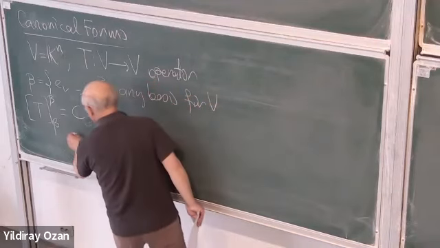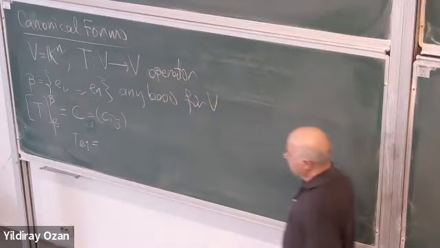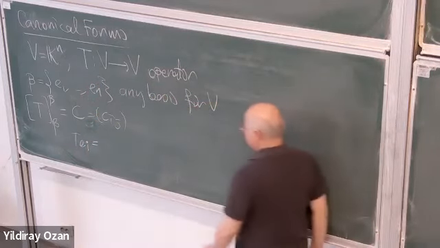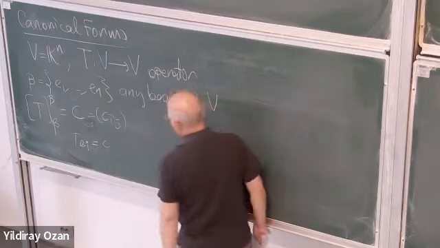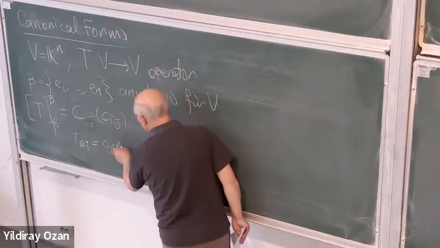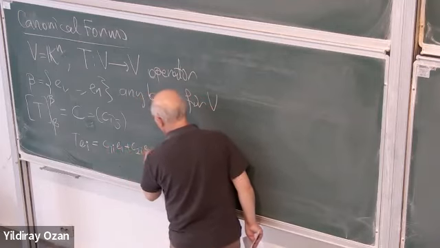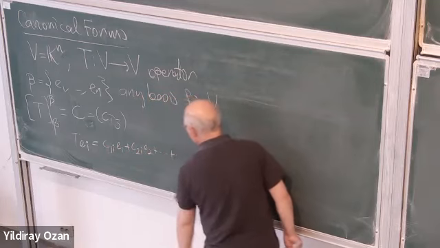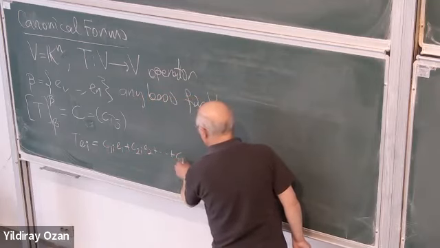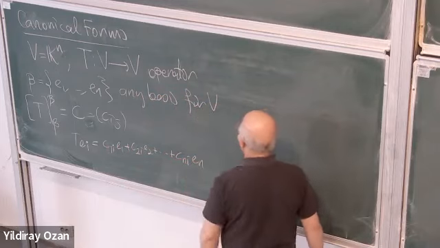And then what is this? T(e_i), the image of the i-th vector, is just the i-th column of this matrix, namely c_1i e_1 + c_2i e_2 + ... + c_ni e_n. Okay.